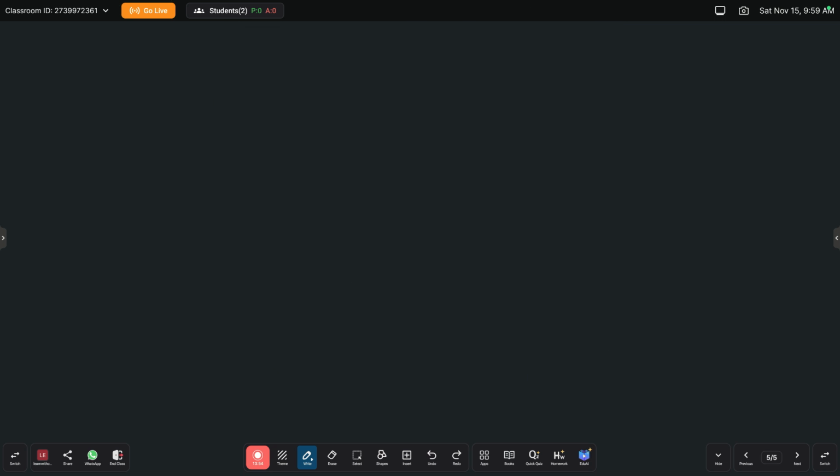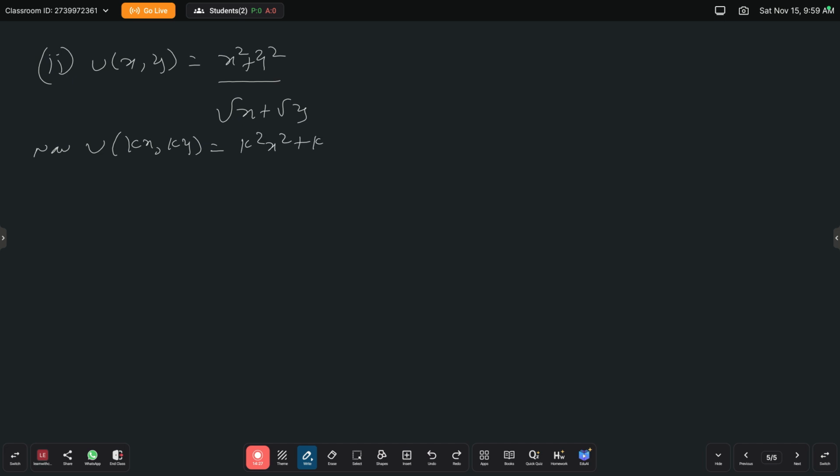Now the second one is similarly u of x comma y, a function of two variables x, y: x square plus y square by root x plus root y. Now u of kx comma ky equals k square x square plus k square y square by root of kx plus root of ky.